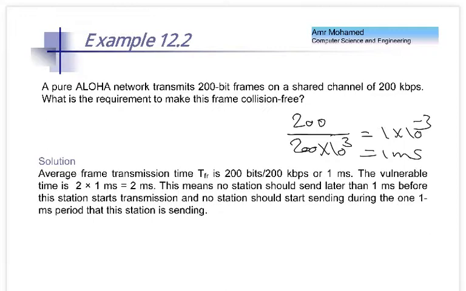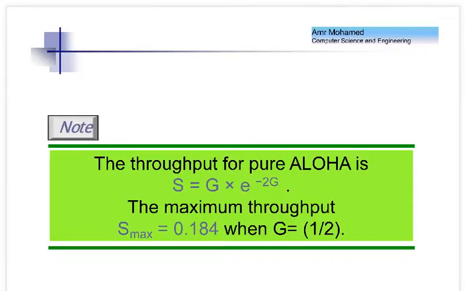Okay, so the vulnerable time in that case is simply double that time, which is 2 milliseconds. So the vulnerable time is a very important parameter that we use to calculate what we call the throughput.